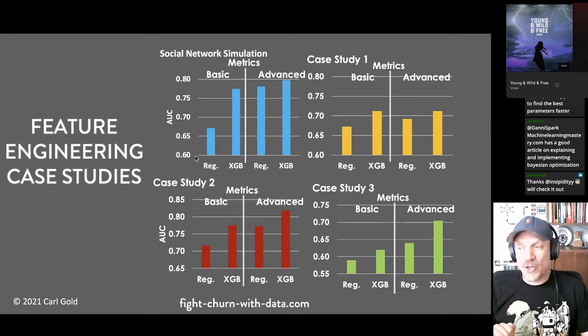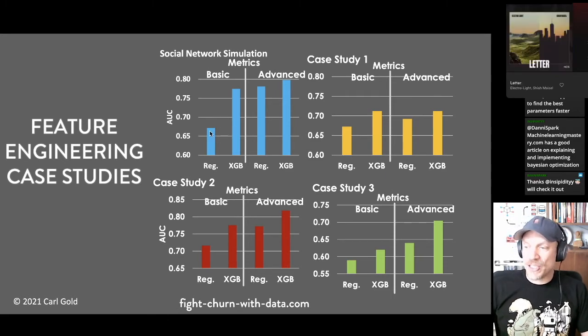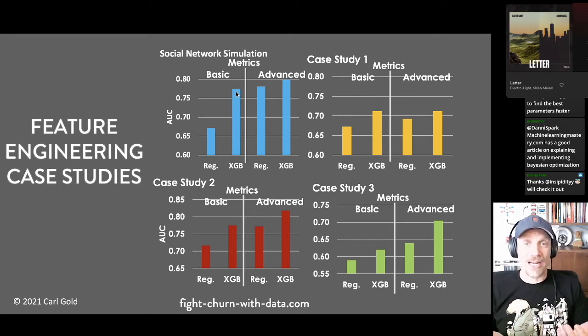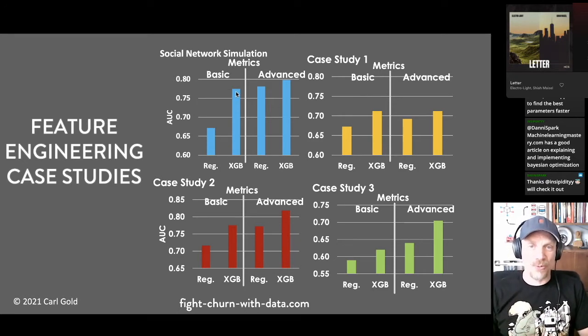However, if you do this exercise of running regression and XGBoost on only the more simple and basic metrics, you actually find that XGBoost does a lot better, at least for the simulation. With only basic metrics, XGBoost improves the simulation AUC from around 0.67 to 0.77. So that's a big 10% increase in AUC.